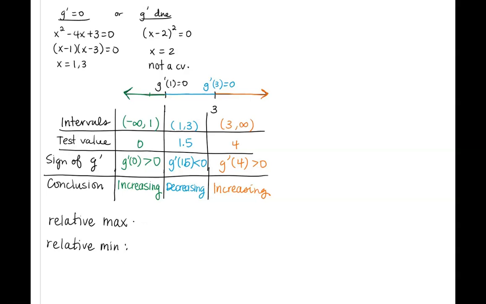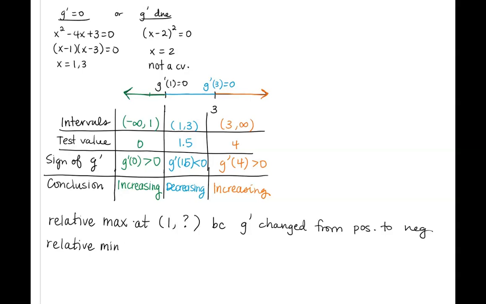So we have a relative maximum at the critical value when x was equal to 1. I'm going to put the point 1, I'm going to go back and find this y value in a second, but I'm going to justify this. This is a relative maximum because g prime changed from positive to negative.